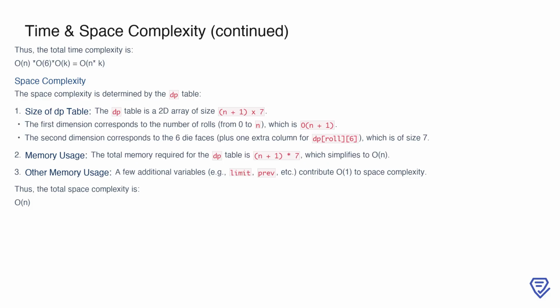This means the total memory used by the DP table is (n+1)*7, which simplifies to O(n). Apart from the DP table, the algorithm uses a few additional variables like limit and previous, but these require constant space, or O(1). Therefore, the total space complexity of the solution is O(n).